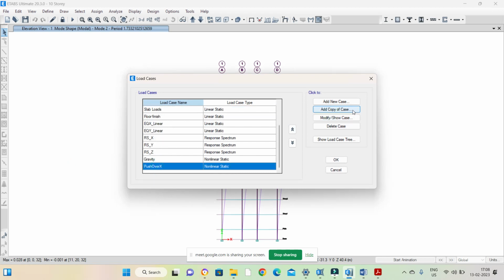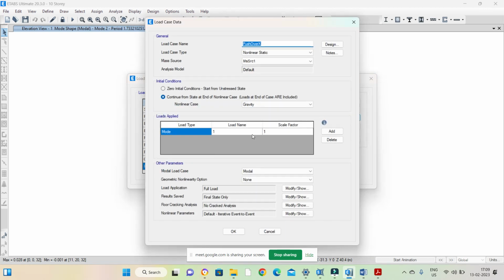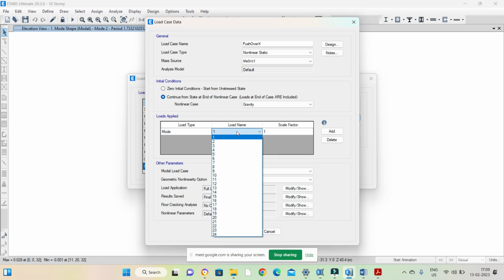Pushover x, modify, and here this is the mode, and here I have to give the fundamental mode number. So which number should I pick, 1 or 2? I want to define the pushover case considering the fundamental mode of the respective direction.